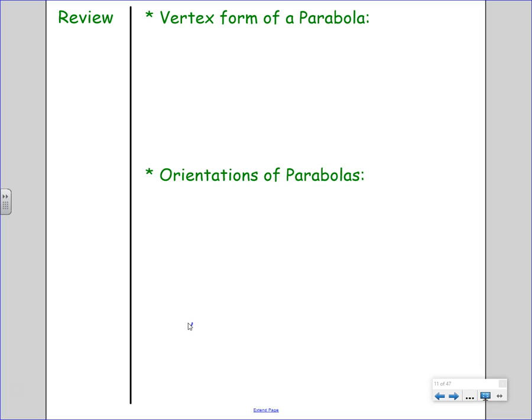I could have passed these back earlier. You guys probably would have lost them anyway. So they would have gotten thrown out with first semester stuff. So let's see what we did with vertex form. When you hear your name, come on down. Kevin, David. Let's go back in time a little bit.